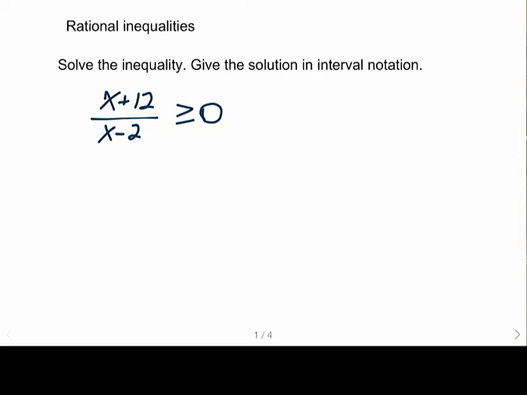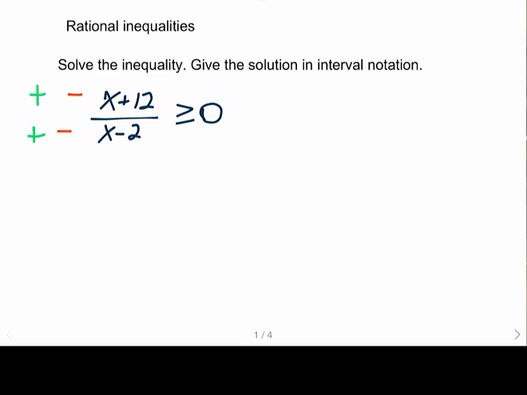Now, as you may recall, a rational expression is an expression that has a polynomial numerator and a polynomial denominator. Lots of times variables floating around all over the place. Here's the deal. The numerator could either be positive or negative, depending on the value of x. The denominator could either be positive or negative, depending on the value of x.